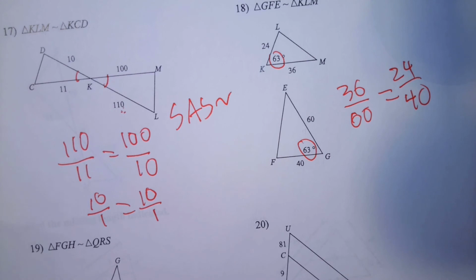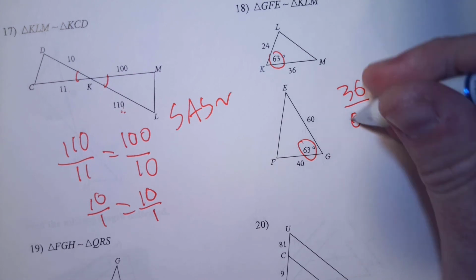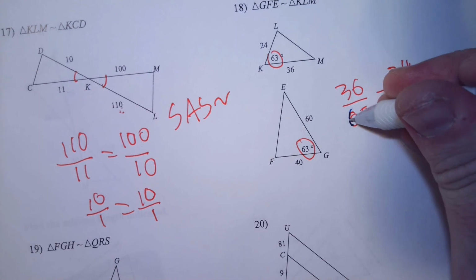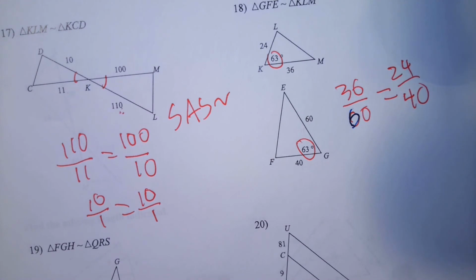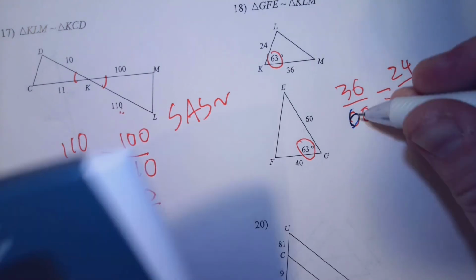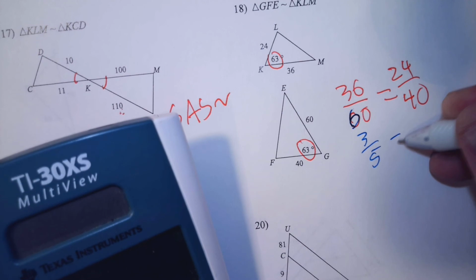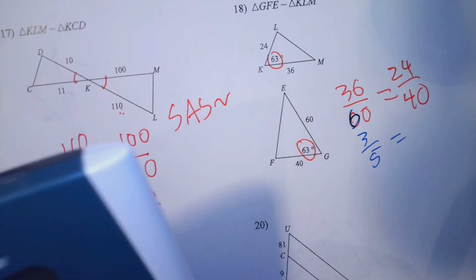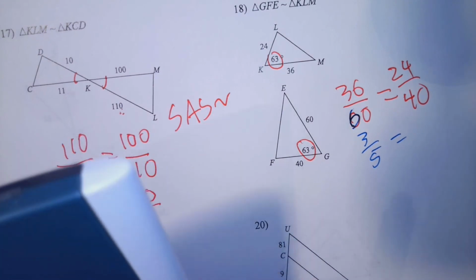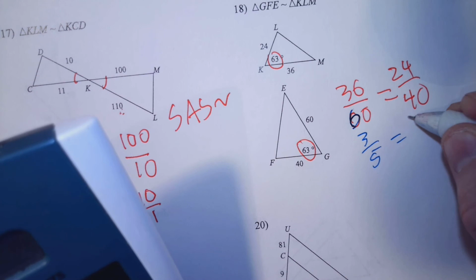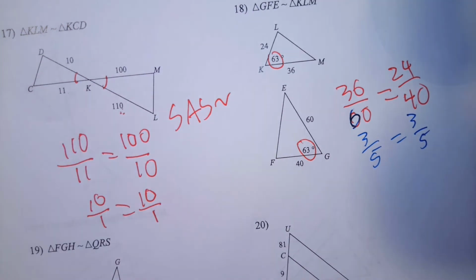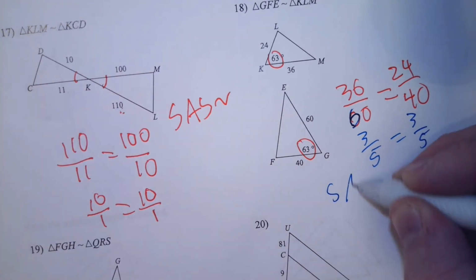Put that in the calculator again. 36 over 60 is going to equal 3/5, and 24/40, let's see what that's going to be. Also 3/5. So we're winners here. We've got another SAS.